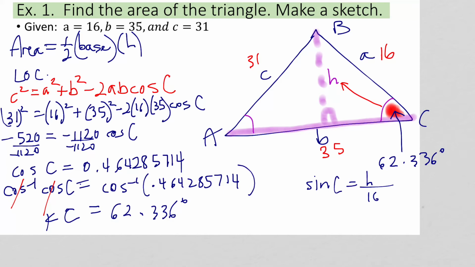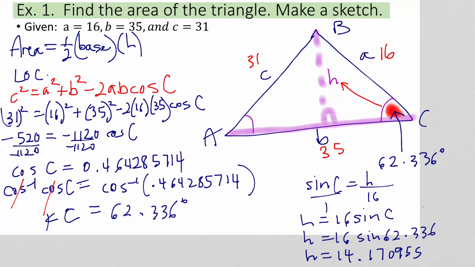So let's go ahead and cross multiply and divide first. So I'm going to say h is equal to 16 times the sine of C. So h is equal to 16 times the sine of 62.336 degrees. So you're in mode degrees, of course. So you always got to be making sure when you're doing these calculations that your calculator is in degree mode. So I got my h now.